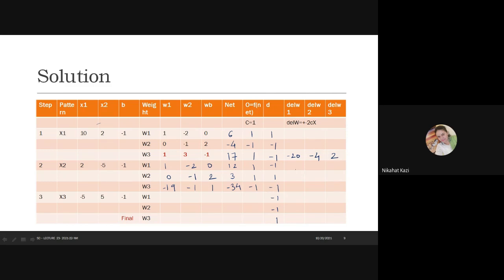So W1, since this is a minus 1, this will be minus 2cx again, correct? So it is going to be minus 2 into this vector, right? Minus 2 times this vector. So minus 4, 10, and 2, correct? Minus 4, 10, and 2.